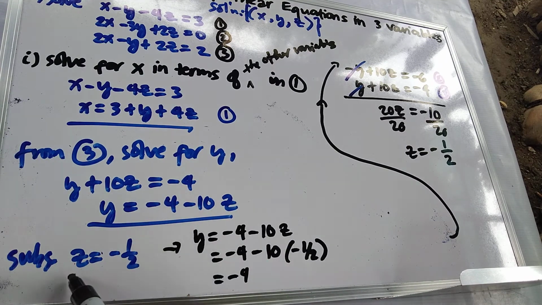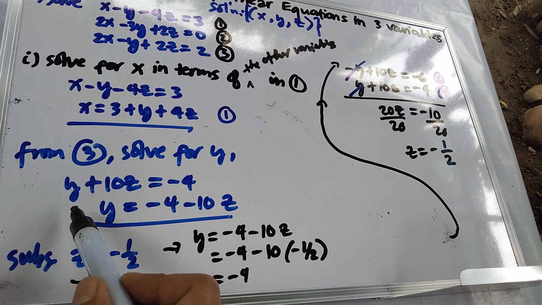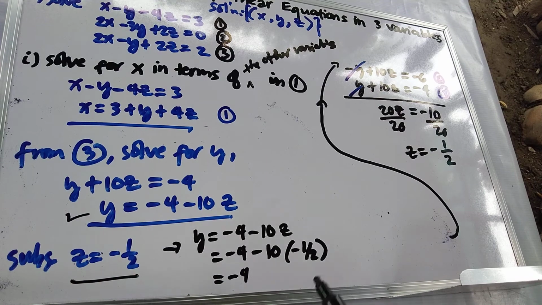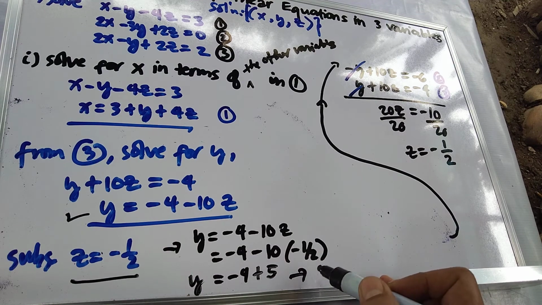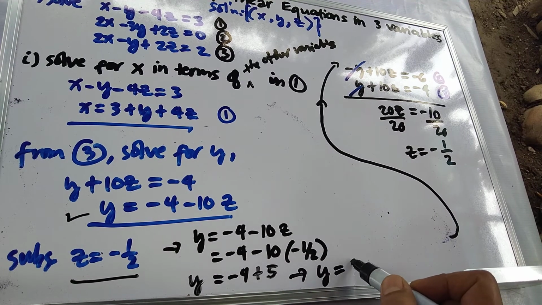Then we substitute the value of our z, which is negative 1/2. So that is negative 4, negative 10 times negative 1/2, that is positive 5, correct? Because you're just simply dividing 10 by 2. So it follows that your y is equal to 1.